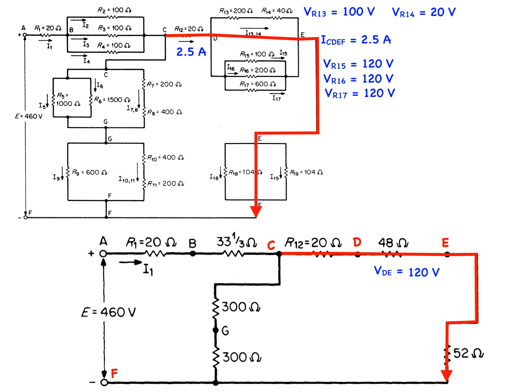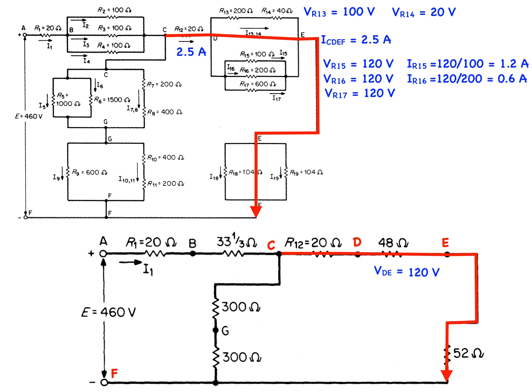The current in R15 and R16 and R17 can now be calculated using Ohm's law or current division. The current through R15 is 120 divided by 100, or 1.2 amps. The current through R16 is 120 divided by 200, or 0.6 amps.